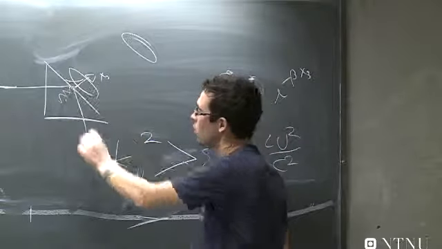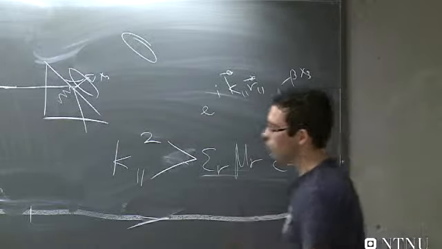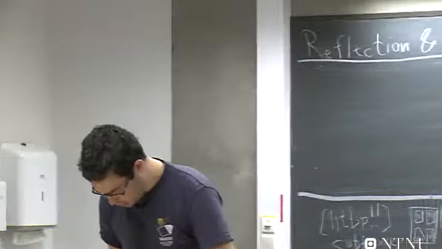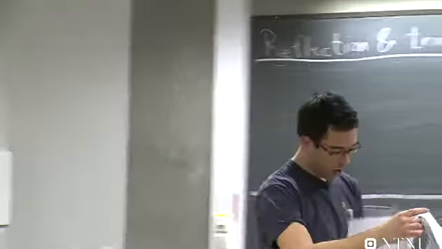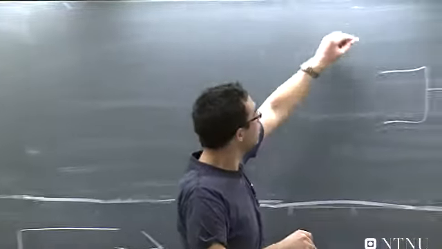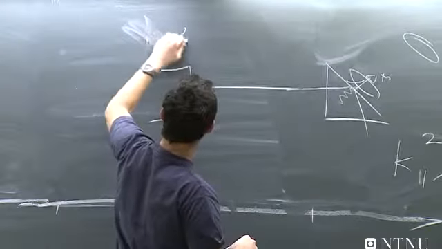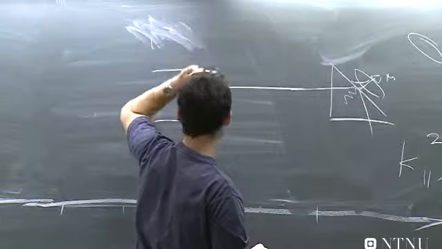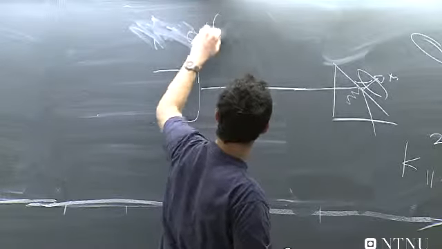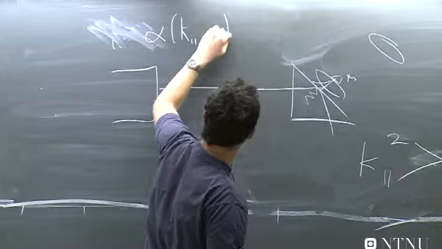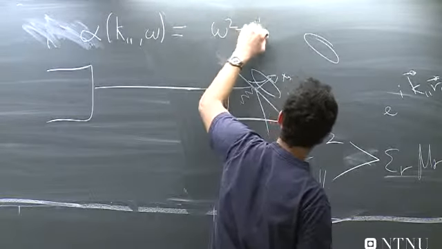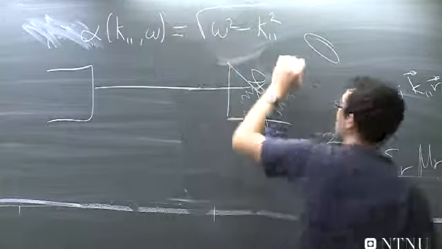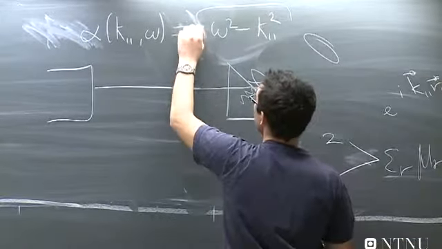Well then, if I look at the expression for K parallel, let's see, I look at alpha, which is equal to the square root of epsilon mu omega square minus K parallel square.